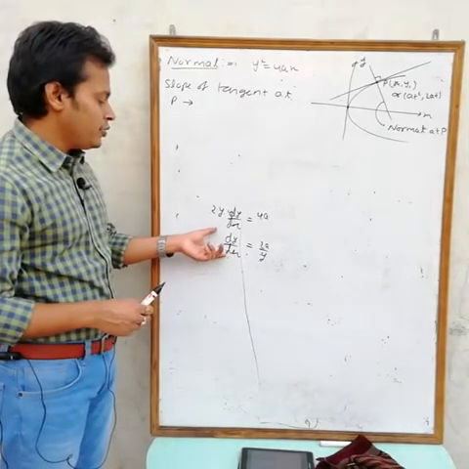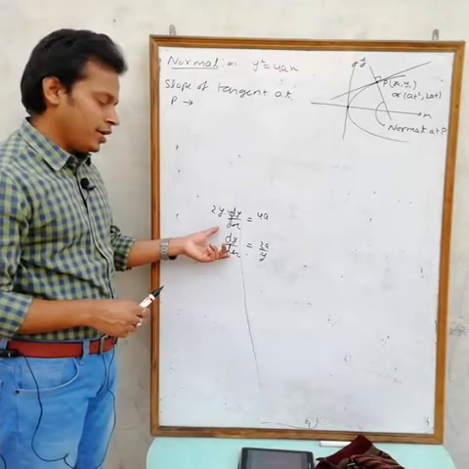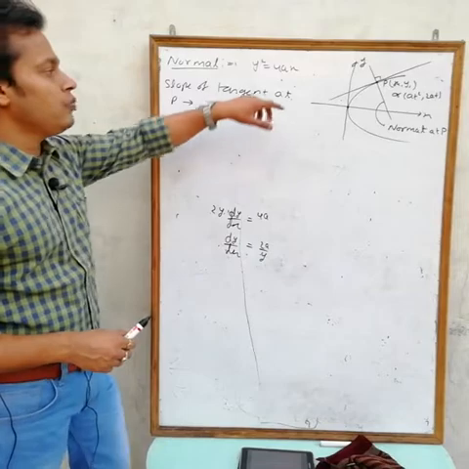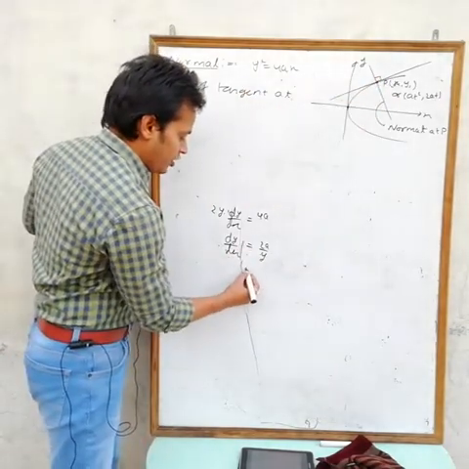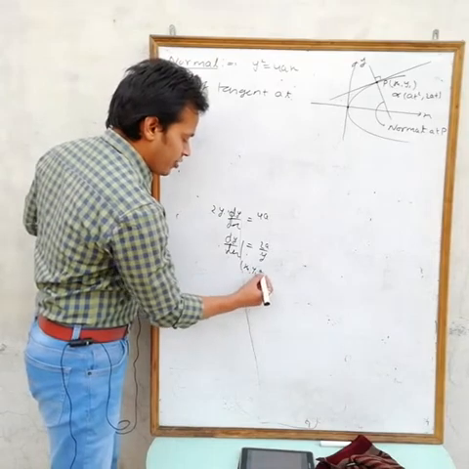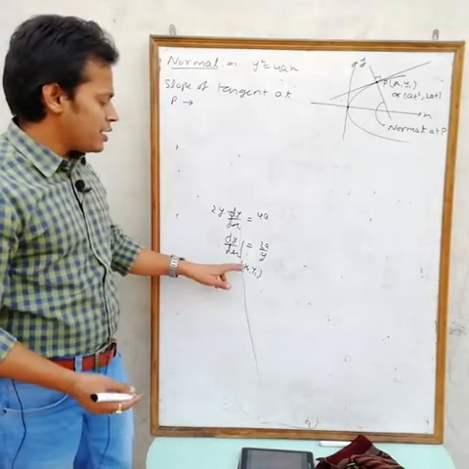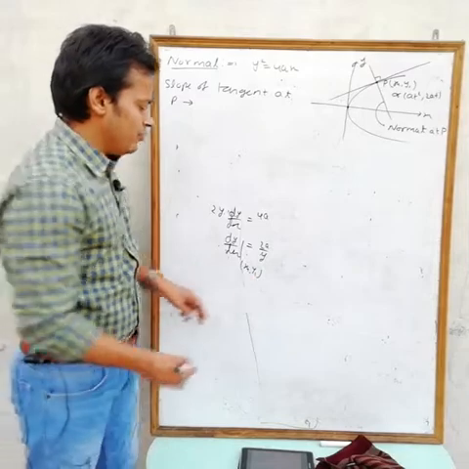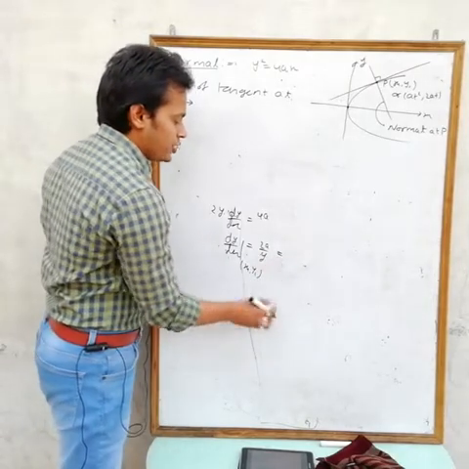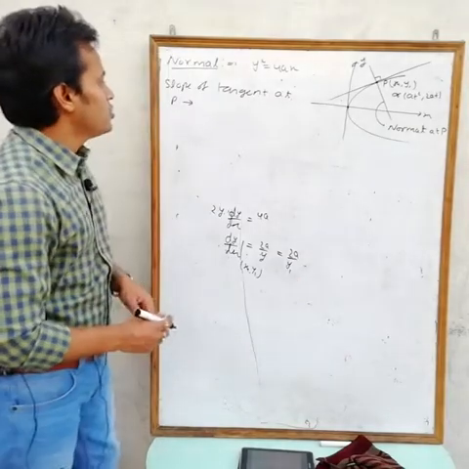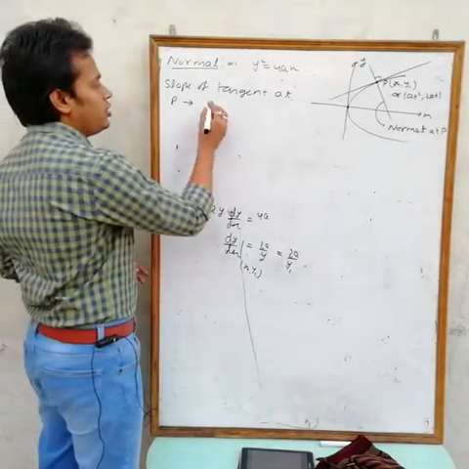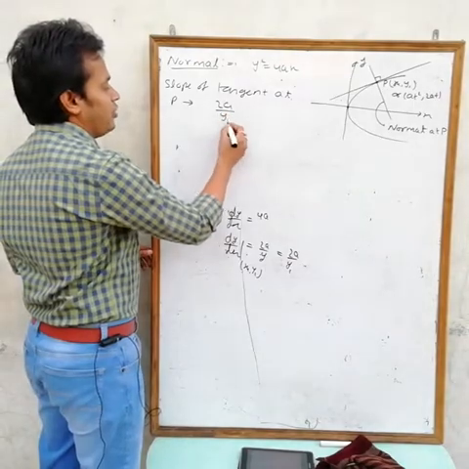But we don't want it at any point now, we want it at x1 comma y1. So find the value of dy by dx at x1 comma y1. How to find? Just replace x with x1 and y with y1. If you replace y with y1, then we are getting 2a by y1. So slope of tangent at P is 2a by y1.